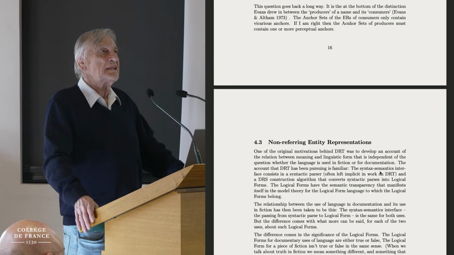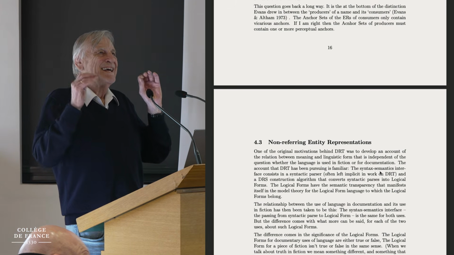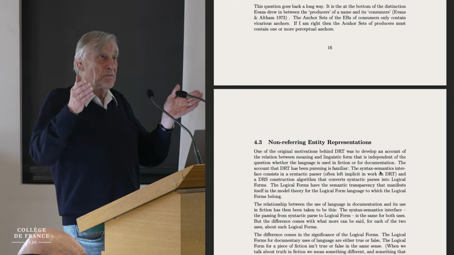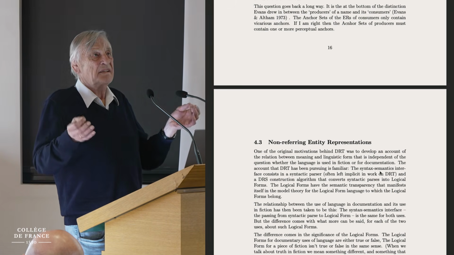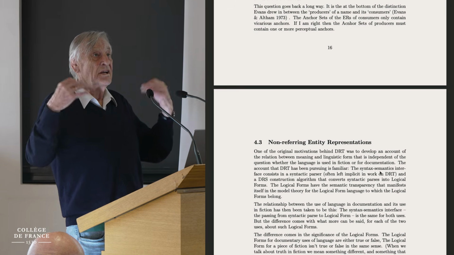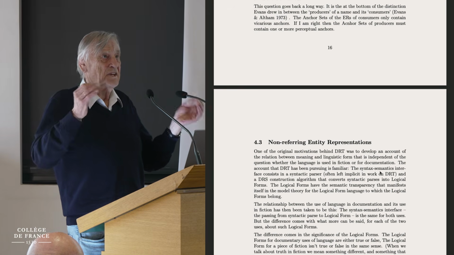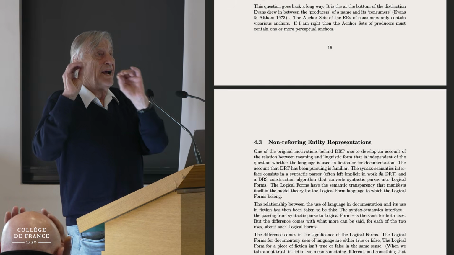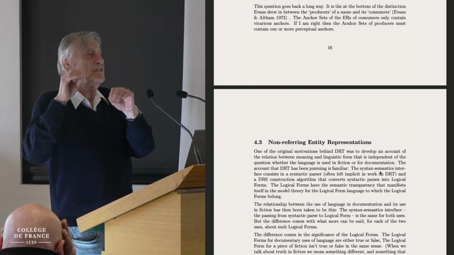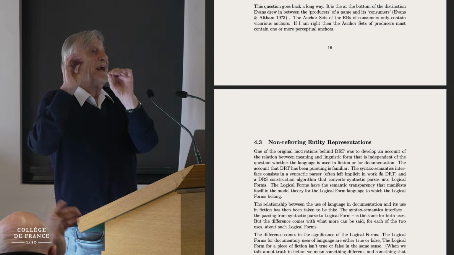So that means that I'm also making a further assumption now, but it seems quite plausible, that the entity representations that readers and listeners of fiction construct typically will have, inasmuch as they too, and I think that's right, have anchor sets.